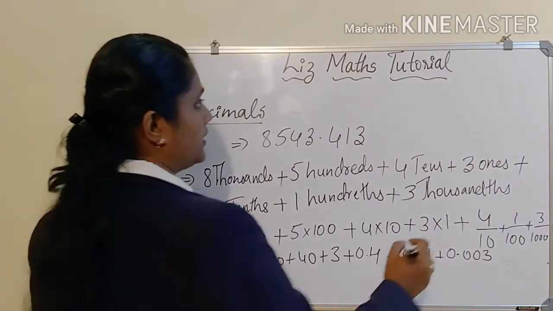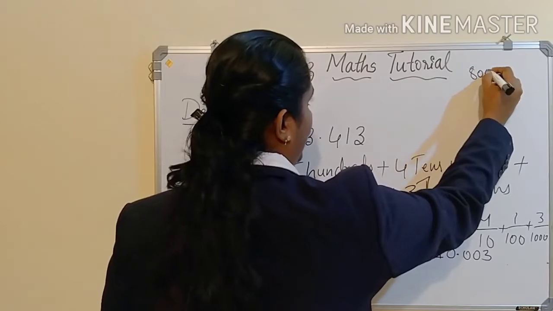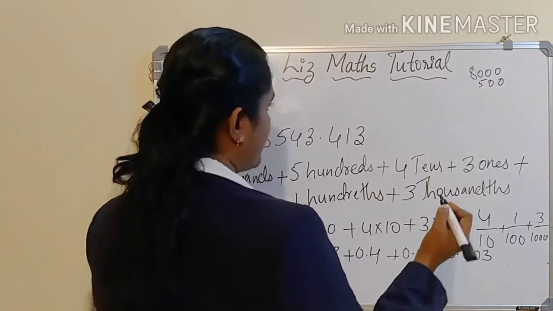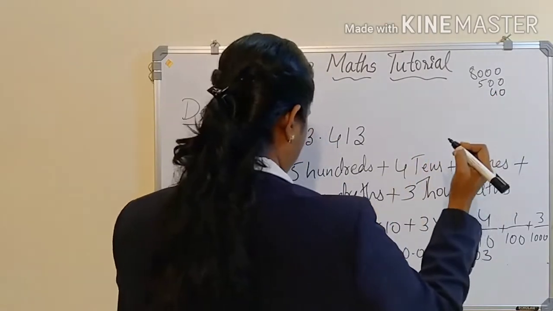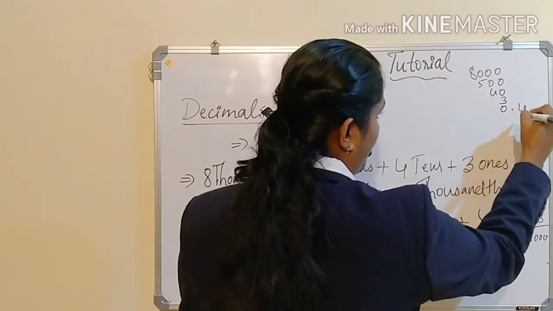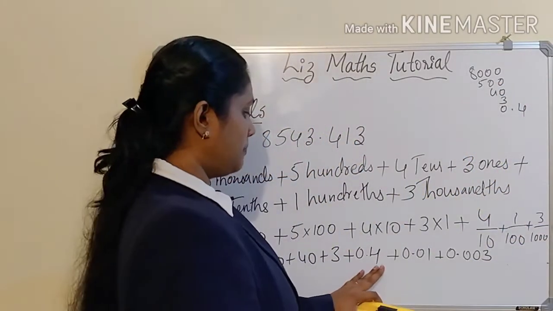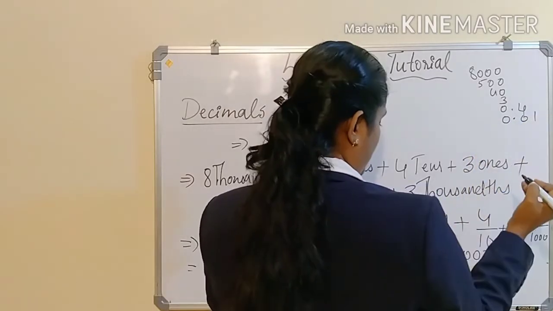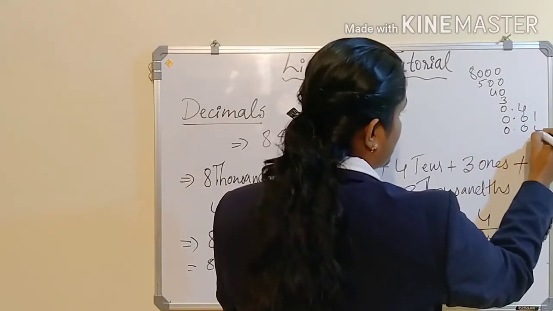Let me write here. 8000, next 543, 0.4, that is after that 0.01, then 0.003.